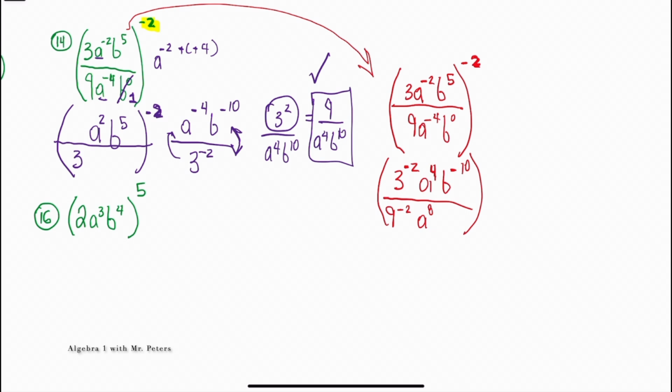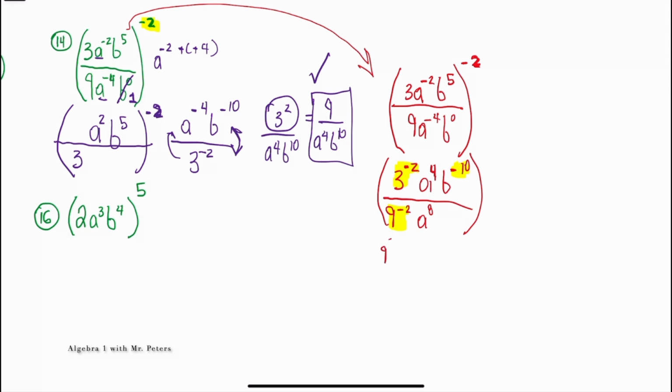So now from this step, let's go ahead and simplify this. Meaning we're going to take the reciprocal of all our negative exponents. So when we take that reciprocal now, this is what we're going to have.